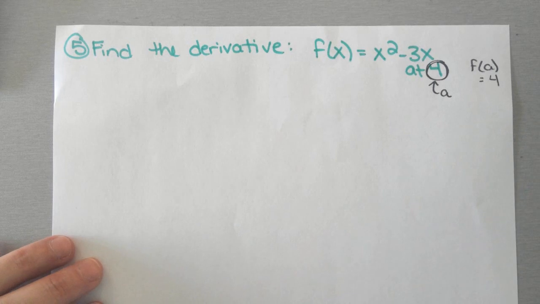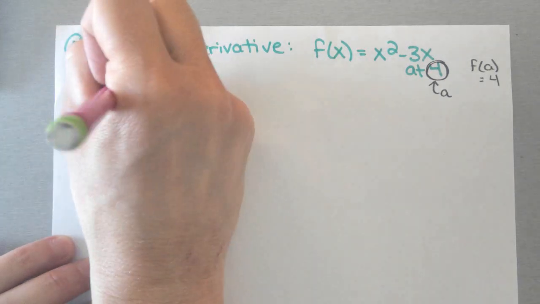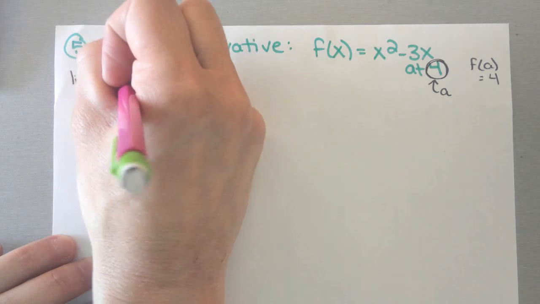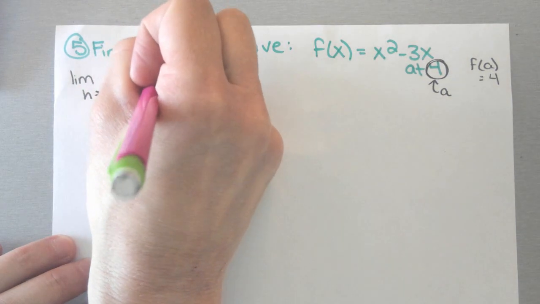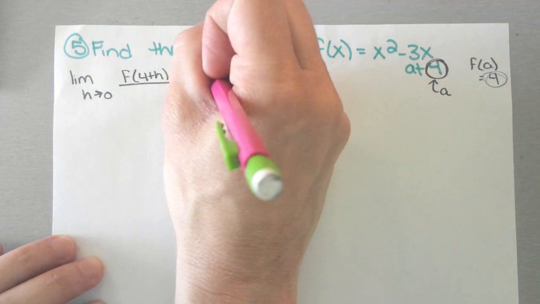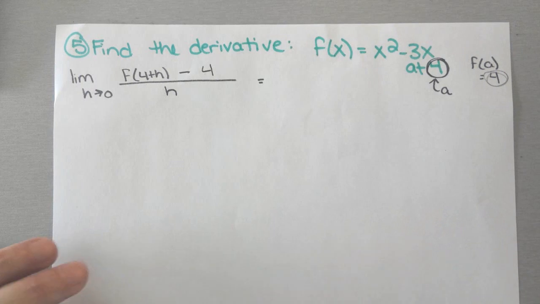So they're both 4s. Here we go. The limit as h approaches 0 of f of a plus h. So f of 4 plus h minus f of a all over h. So now I'm here.